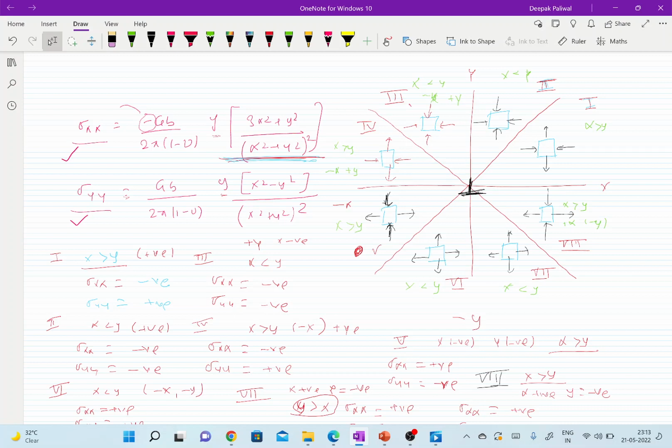At that position our elasticity assumptions are not valid, so there is a reason for the radius r naught, which represents the dislocation core.